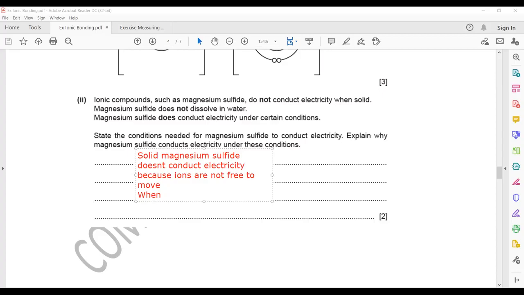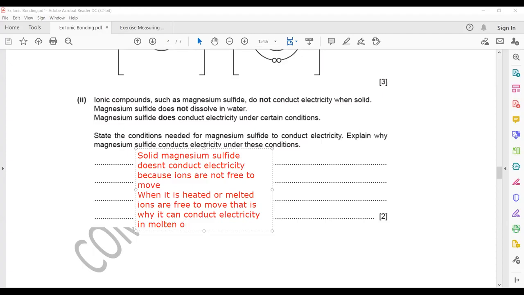When it is heated or melted, ions are free to move. That is why it can conduct electricity in molten or liquid state. Is it clear, this answer?